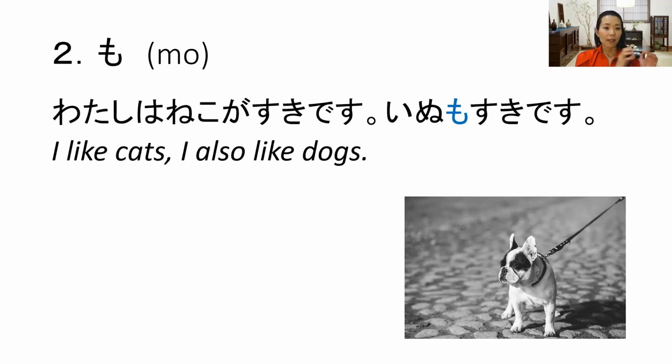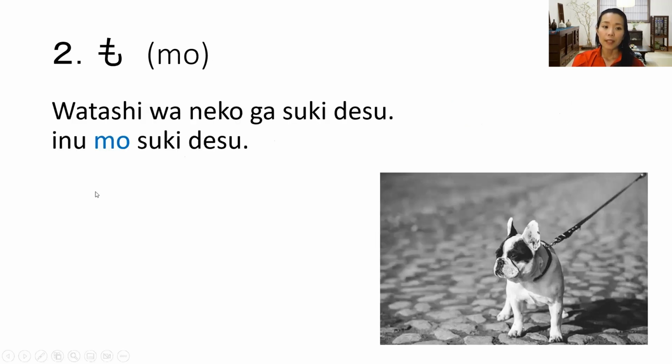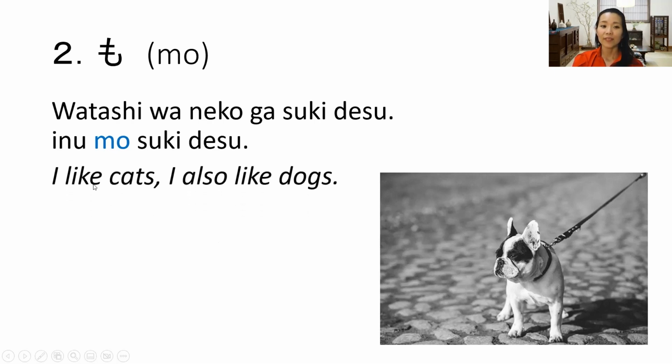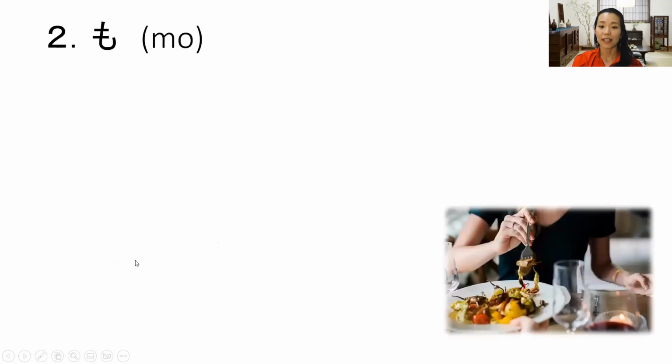I compared cats and dogs together because they are popular pets, so the category is relevant. Let's practice. Repeat after me. 私は猫が好きです。犬も好きです。So that means I like cats, I also like dogs. If you drop this, you can also use it in a casual way, which is 犬も好き like this.